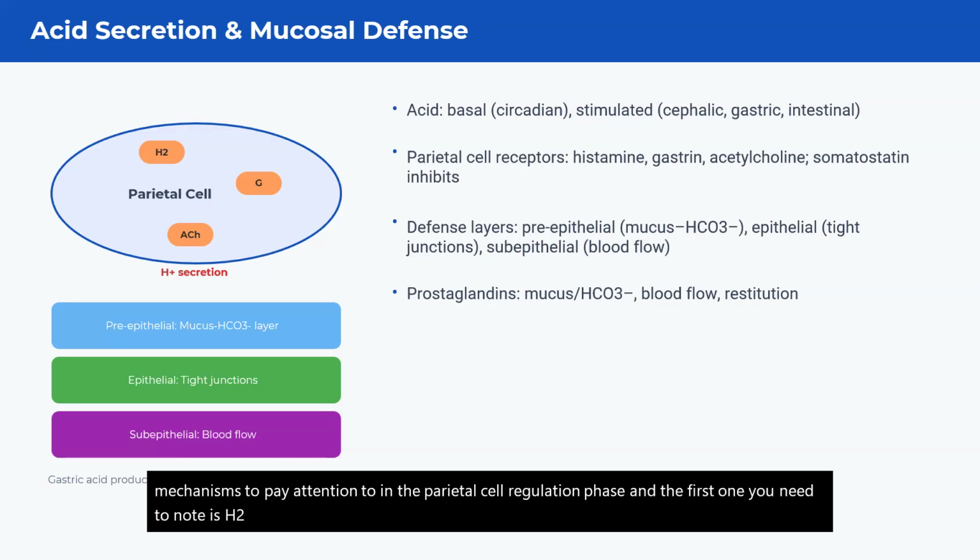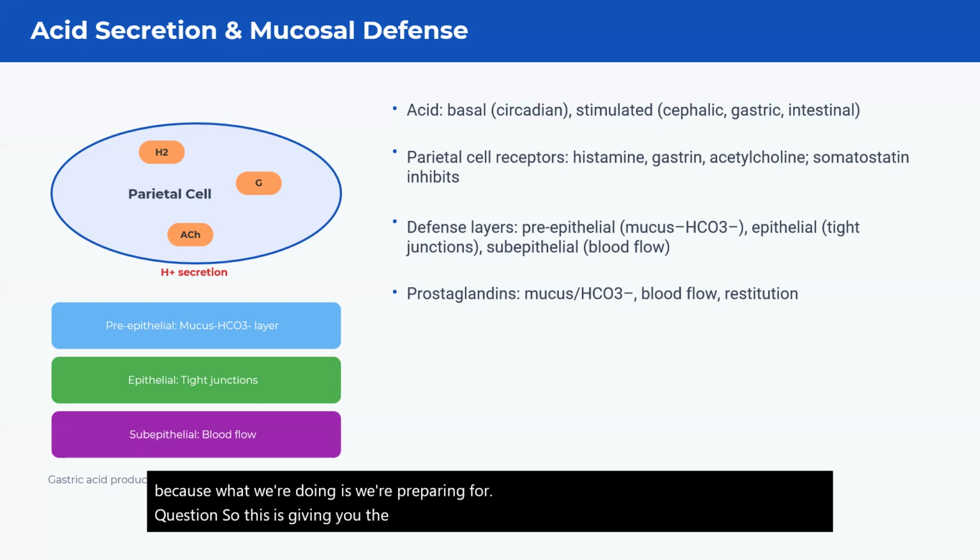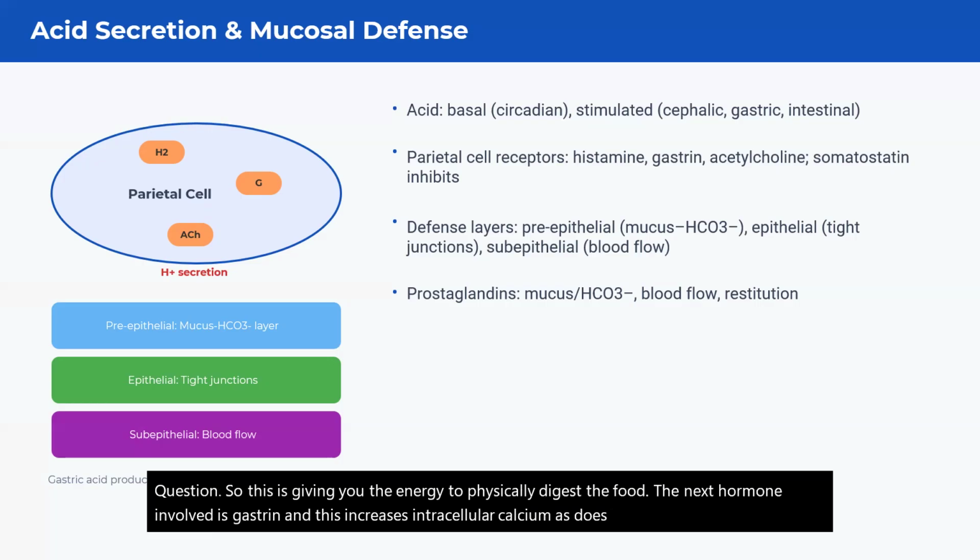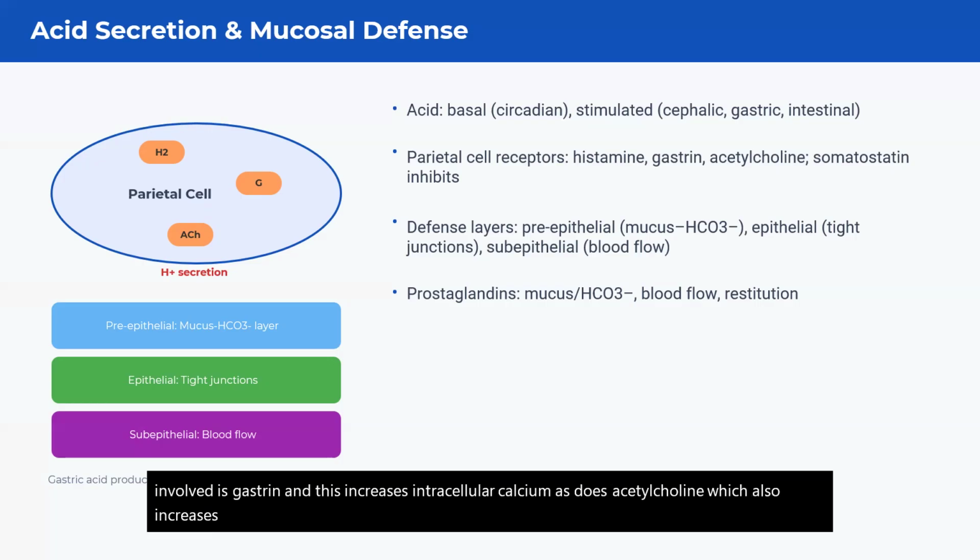This activates adenylate cyclase to increase cyclic AMP, because what we're doing is preparing for digestion. So this is giving you the energy to physically digest the food. The next hormone involved is gastrin, and this increases intracellular calcium, as does acetylcholine, which also increases intracellular calcium through vagal stimulation.